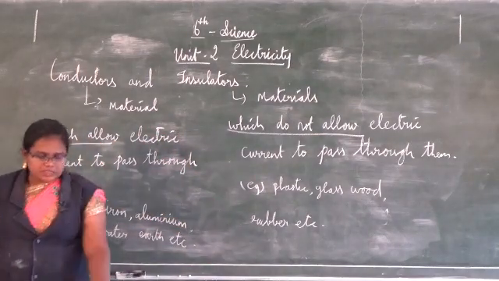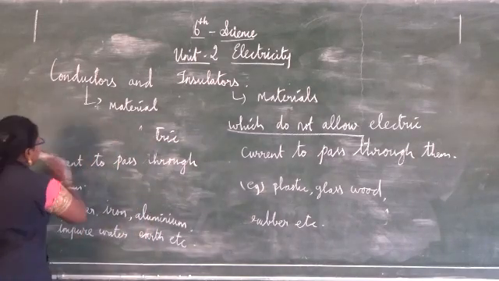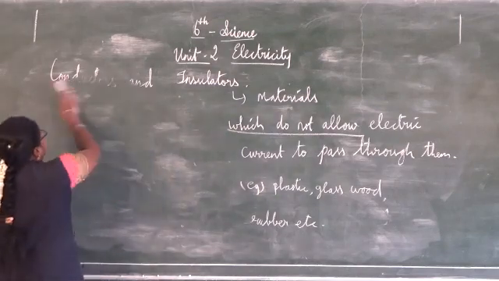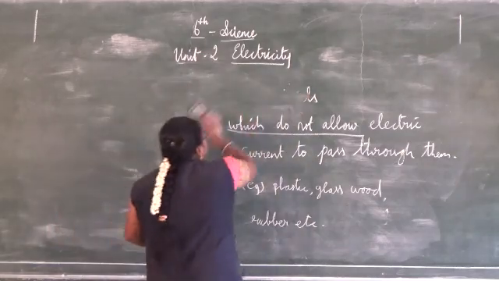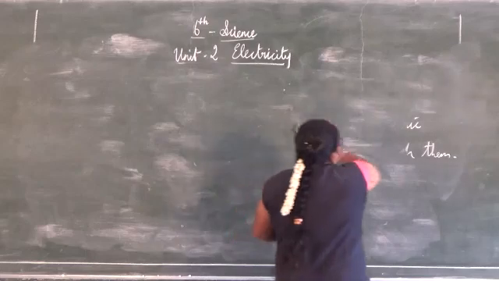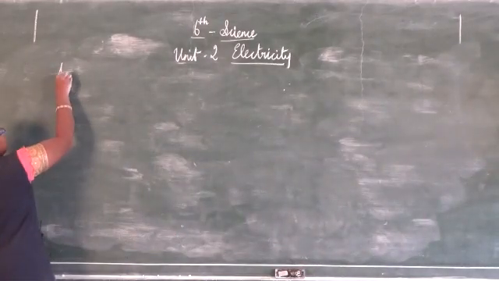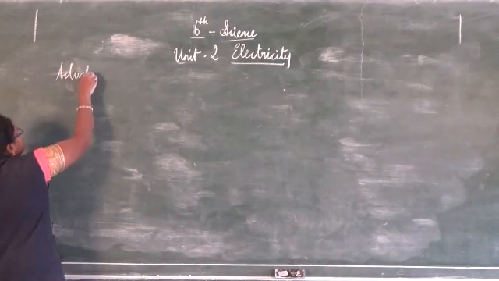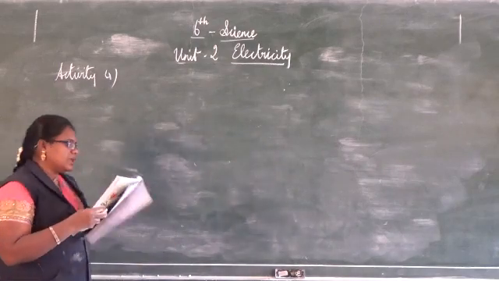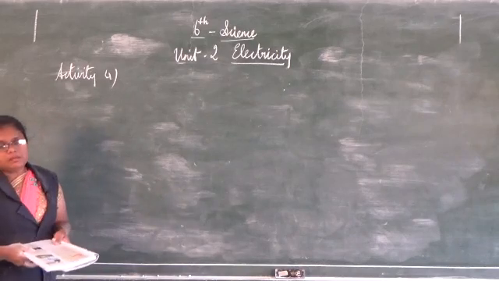Understand? Next we are going to see Activity 4. They have given certain materials and they are asking whether they are conductors or insulators. That's what they have given in Activity 4. See, they are asking to connect the objects given in the table, A and B, and write whether the bulb glows or not.